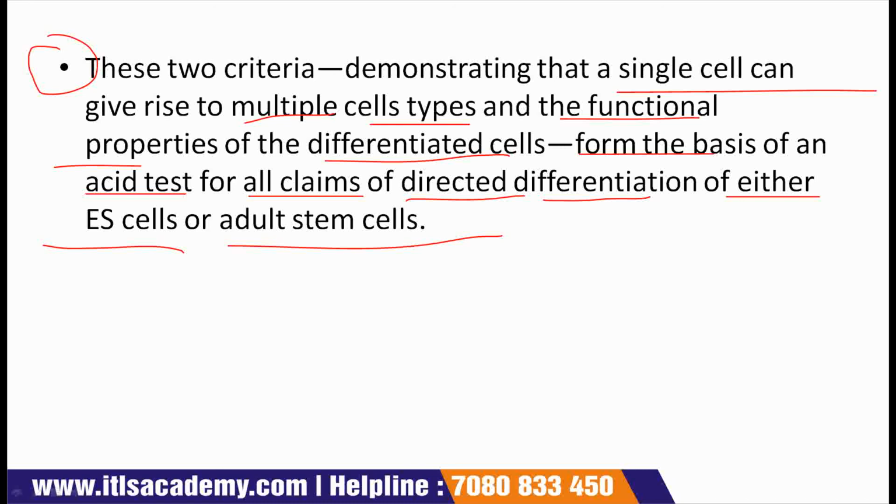Very few experiments meet these criteria, which too often makes it impossible to assess whether a differentiated cell type resulted from the experimental manipulation that was reported.